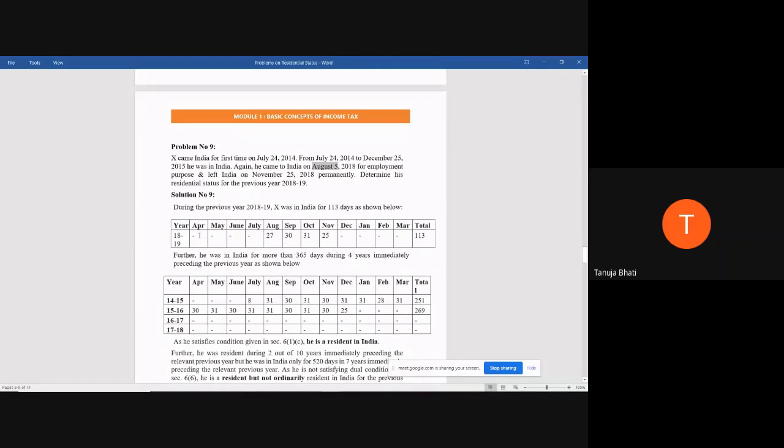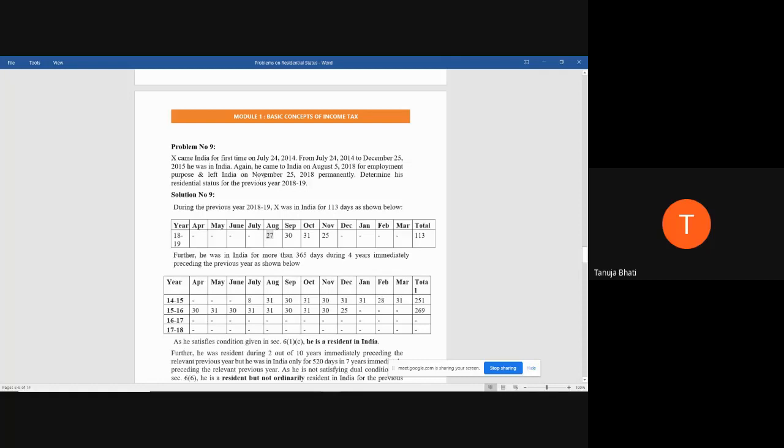So for April, he was there for zero days. May, he was not in India. June, he was not in India. July, he was not in India. He was in India in August, but he came on August 5th. So August has 31 days, out of which 4 days he was not in India. So 31 minus 4, only 27 days he stayed in India.